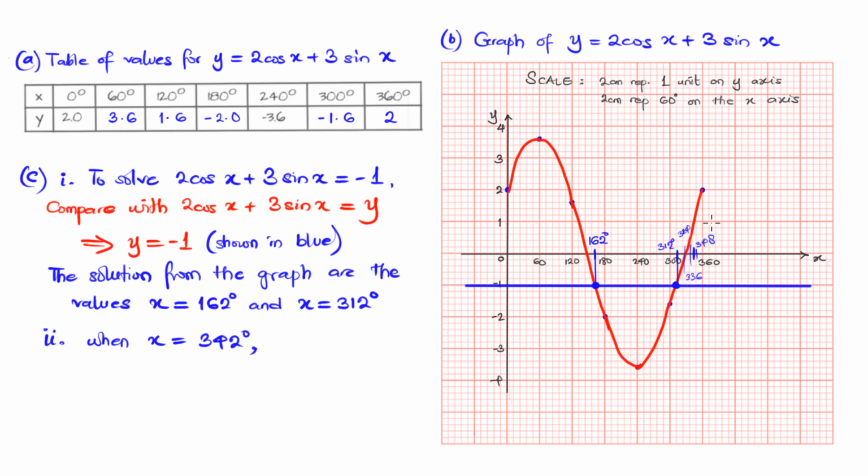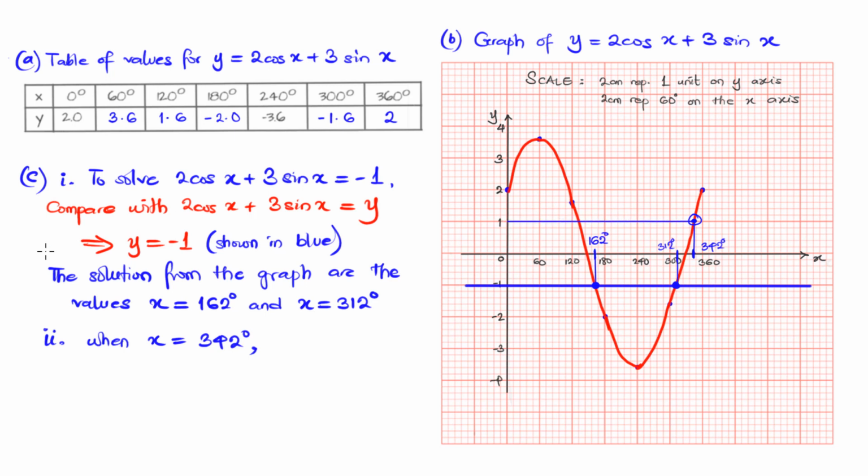So now, in between 336 and 348, we are going to have 342 degrees. And that's what we need to trace. Okay, so here is 342 degrees. So if we are to trace it up to our sinusoidal curve, what's the value on the y-axis?